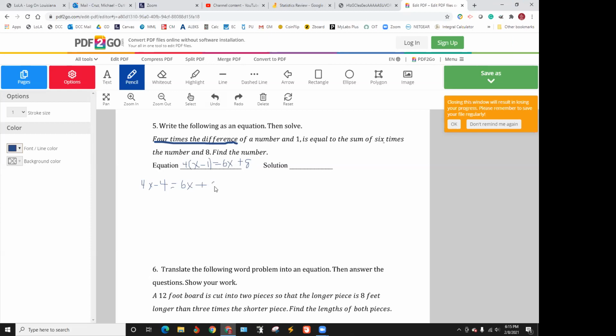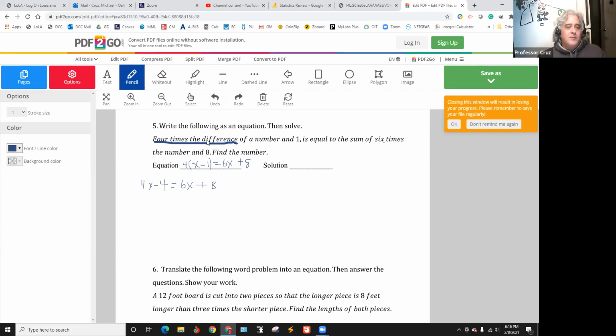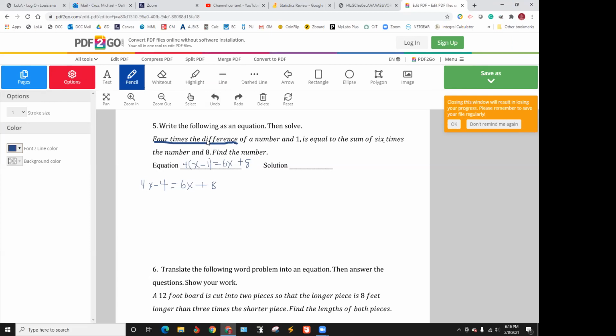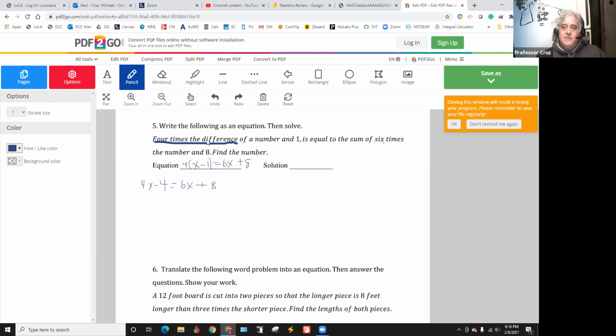So you only put it in parentheses when it's different, when you're subtracting? No, because if it says 4 times the sum, you would do the same thing. You'd put it in parentheses. See, this is a sum, but it says the sum of 6 times a number and 8. You're not multiplying anything times that sum.